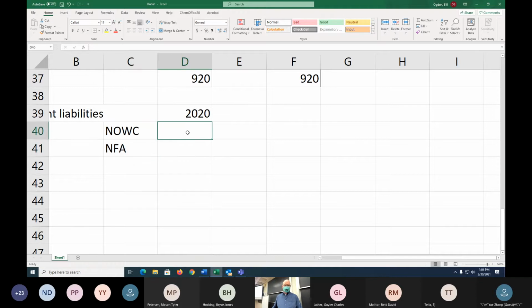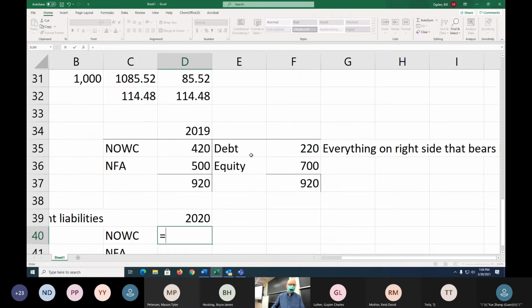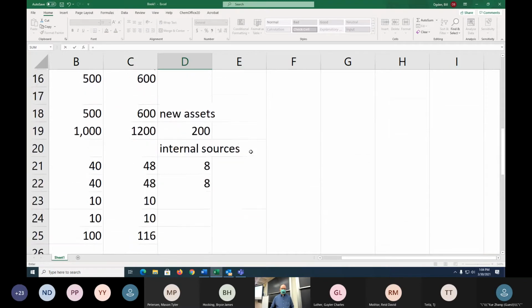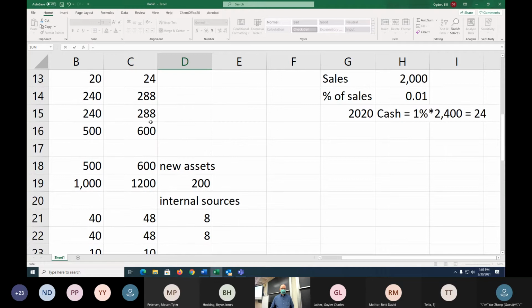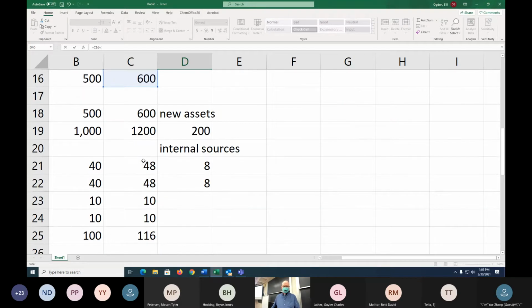So net operating working capital for 2020 would be the 600 in operating current assets minus, did I hit minus this time? Yes, I did. Minus the sum of payables and accruals.